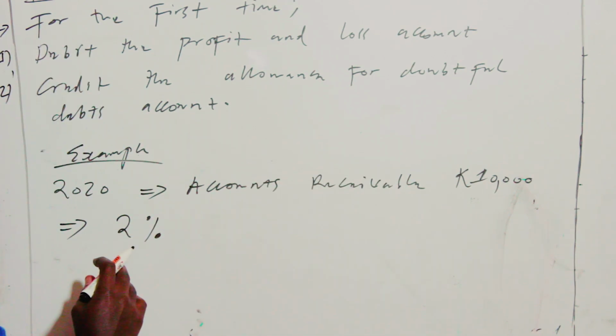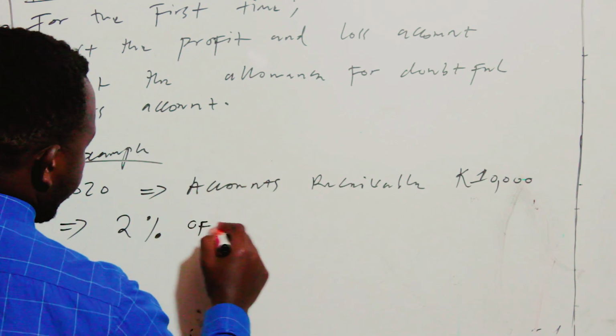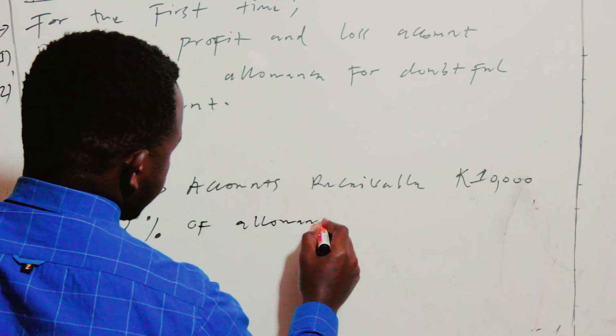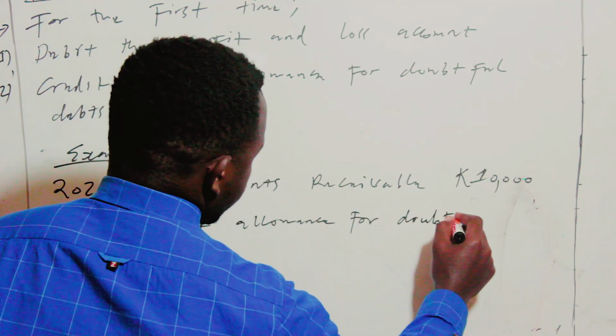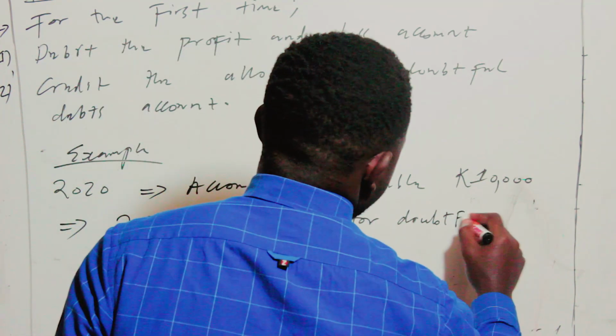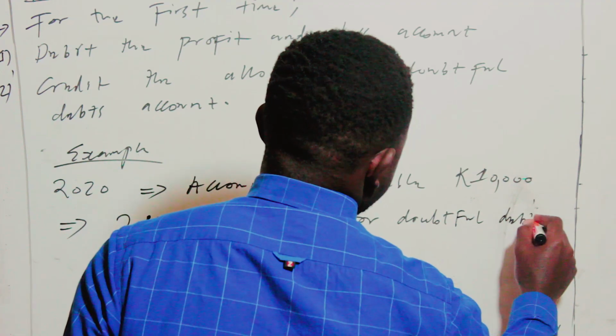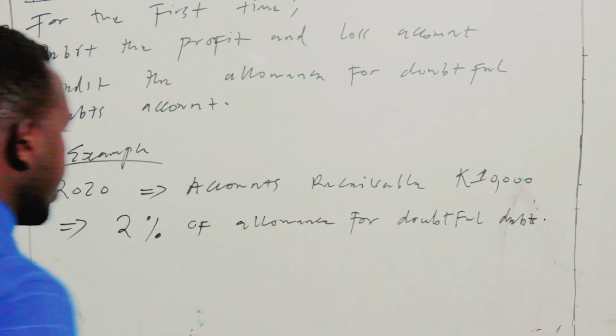So we are expected to make 2% of allowance for doubtful debts. So what do we do?